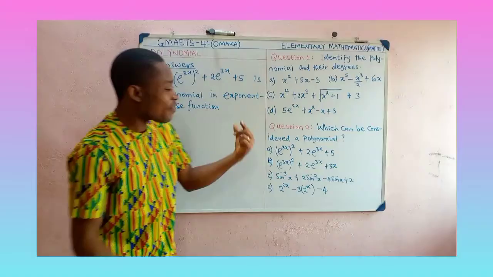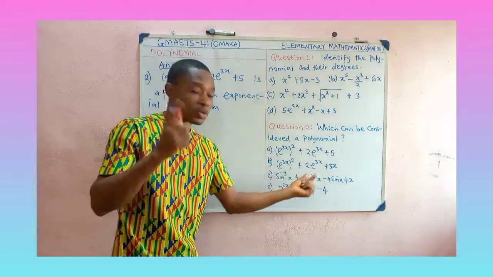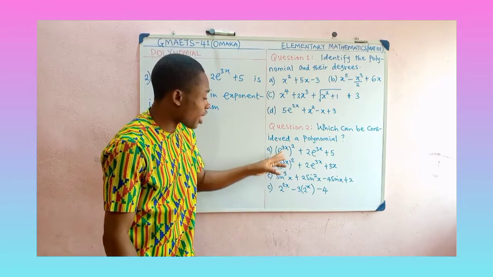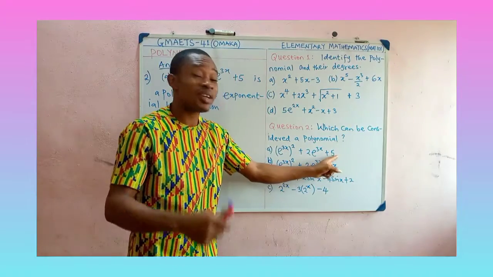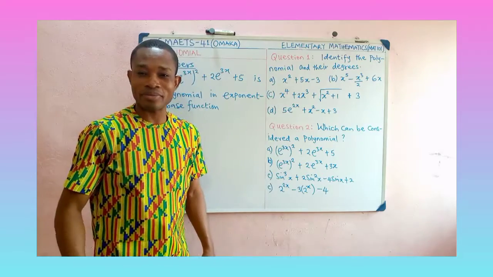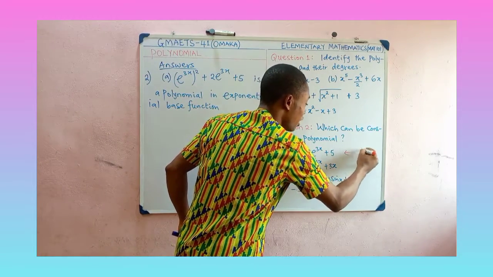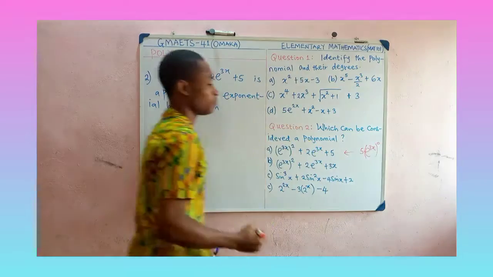Then look at something. Having identified that this is exponential, and take note, the bases of the exponential must be the same. That's why you have exponential 3x, exponential 3x. This 5 is actually carrying exponential 3x bracket raised to the power 0.